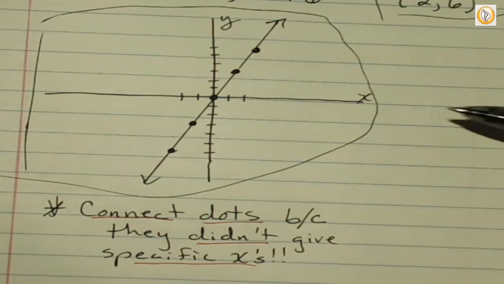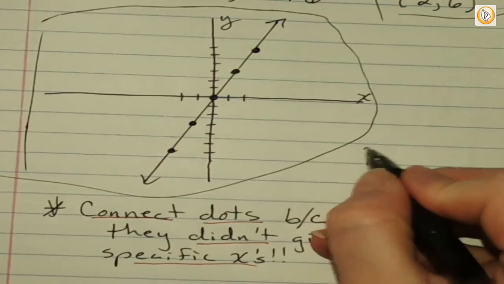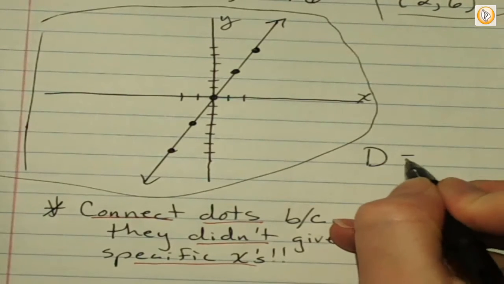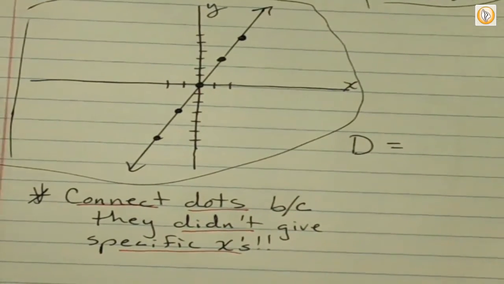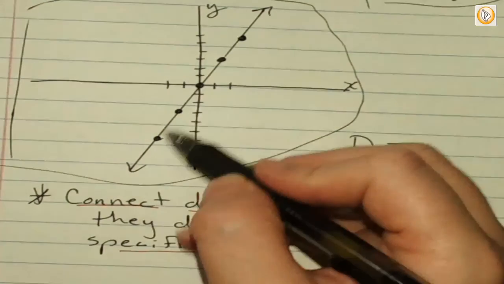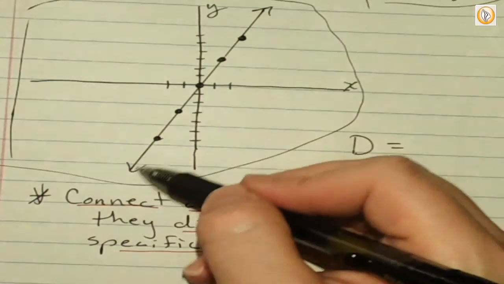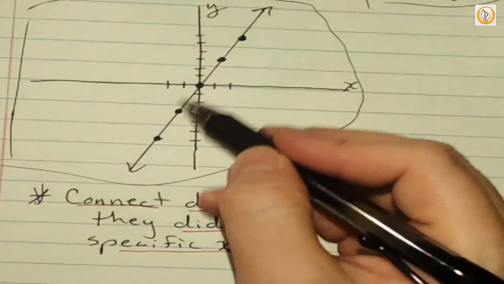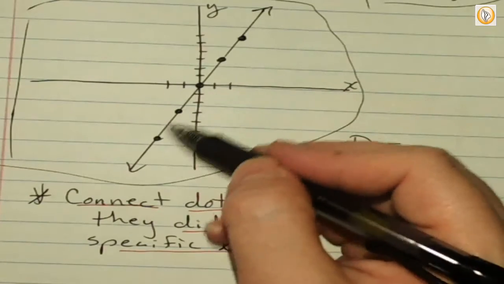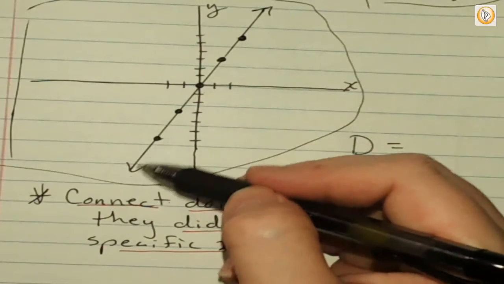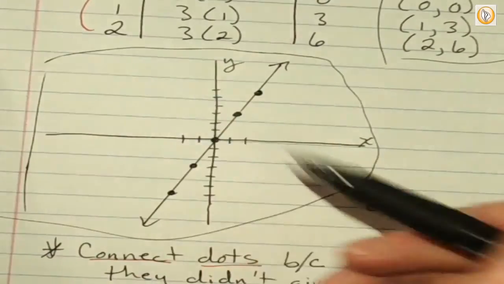So then they say, what is the domain and range? State the domain and range. Taylor? For the range, do we just put like what they gave us to find out the range? Well, notice they didn't give us specifics. So it could be any x that we chose.